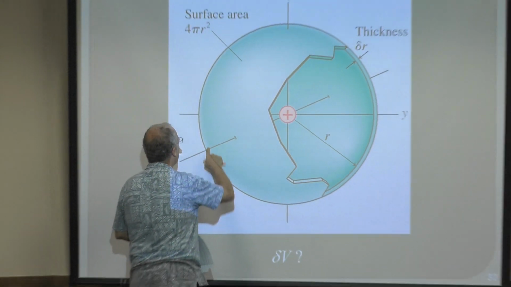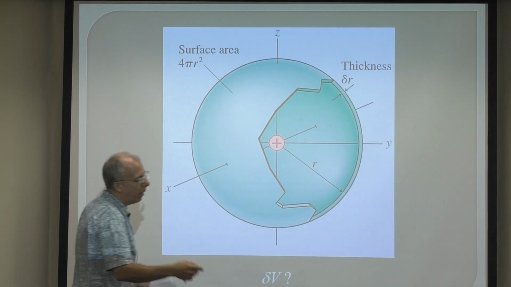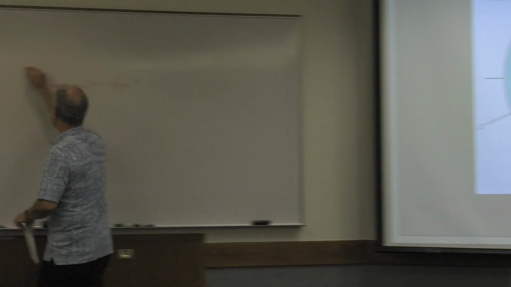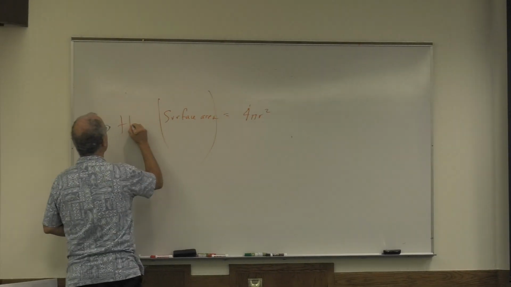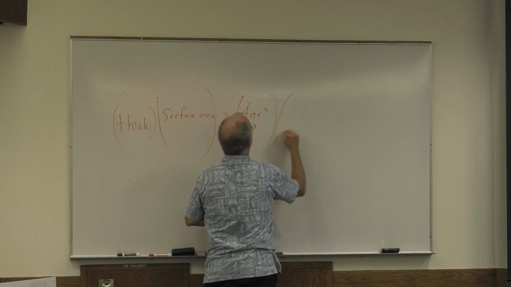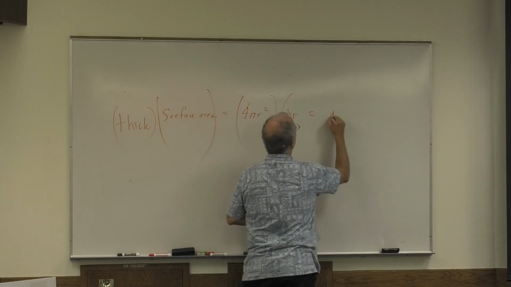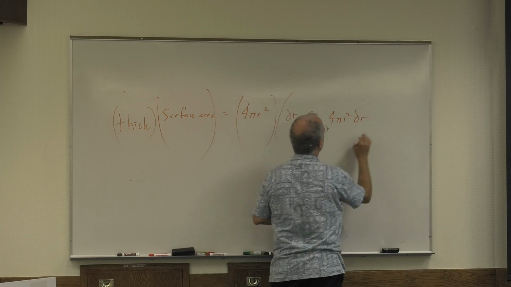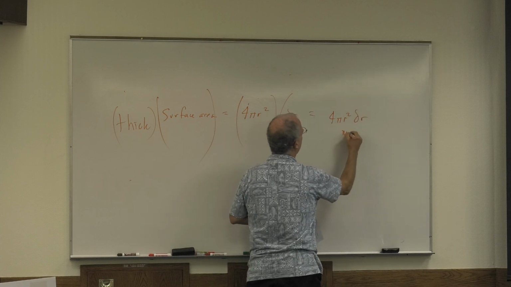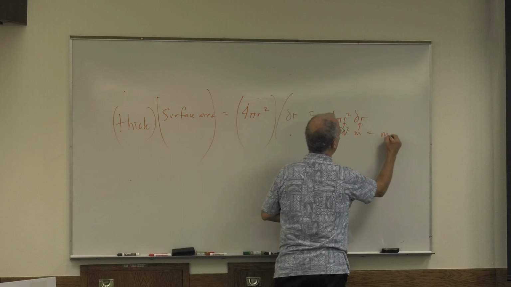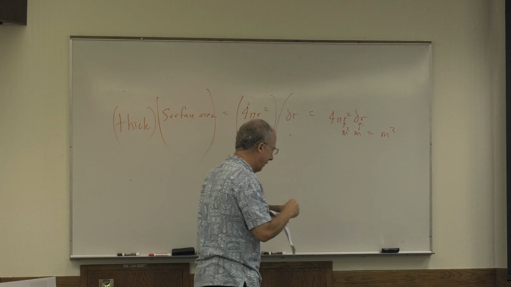So I want to know the volume of this shell, so we have to multiply it by what? By the thickness. If you multiply a surface area times a thickness, you get a volume, right? Because there's a meter squared there and a meter there, so you get meters cubed. It's a volume. Yay! That's all there is to it.